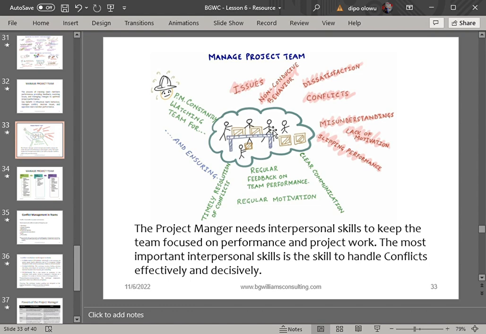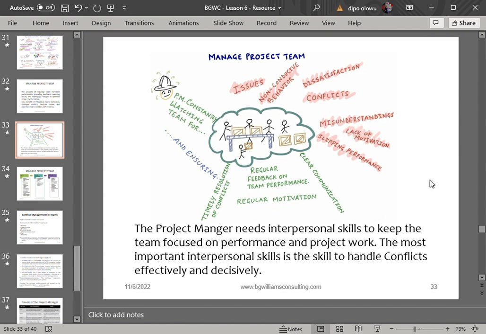Because in any team that you are working on, there will be some conflict, dissatisfaction, misunderstanding, lack of motivation. So the project manager must pay attention to the individuals on the team so that you can manage them very well.